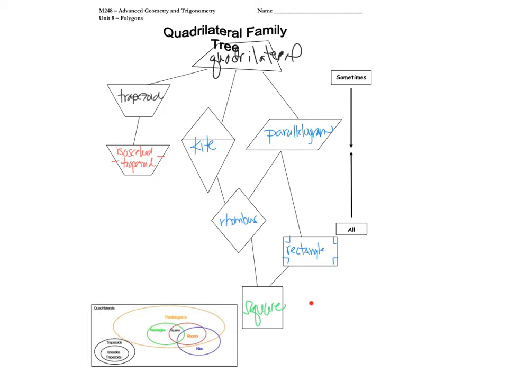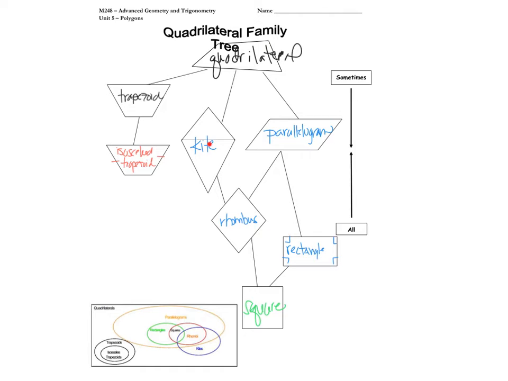If I pick a square, then a square can also be a rectangle, a parallelogram, a quadrilateral. A square can also be a rhombus, which can be a kite, which is a quadrilateral. So going up, it's always true. Just like an isosceles trapezoid is always a trapezoid, which is always a quadrilateral.